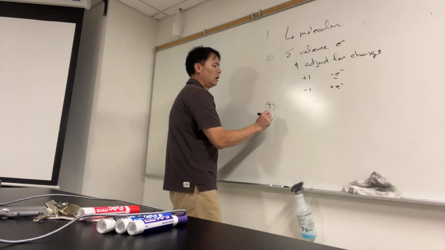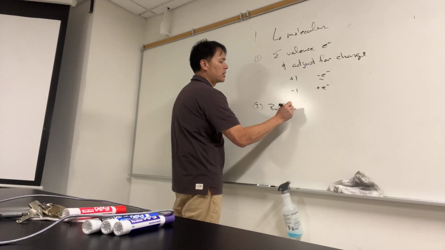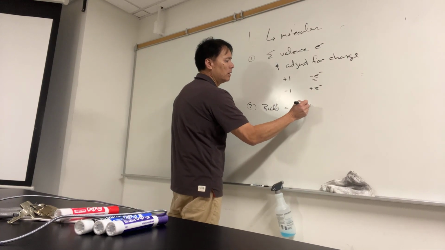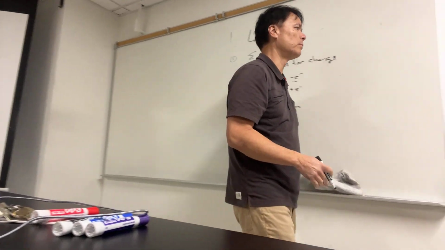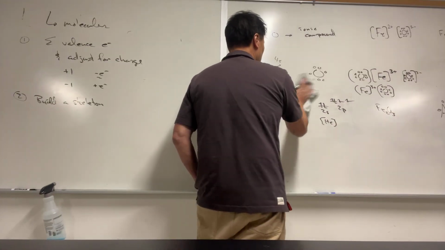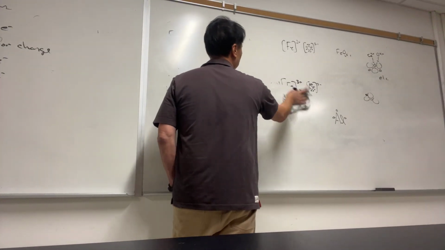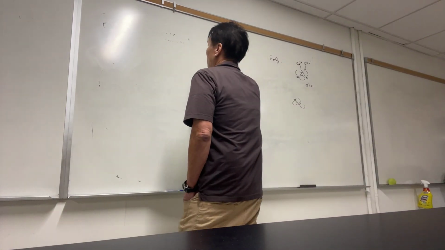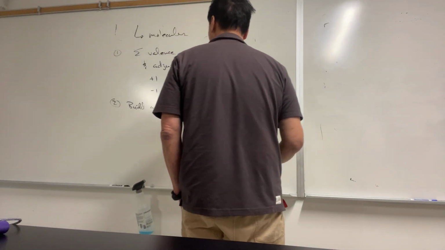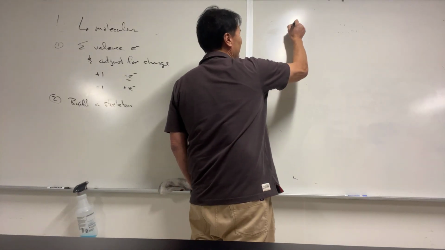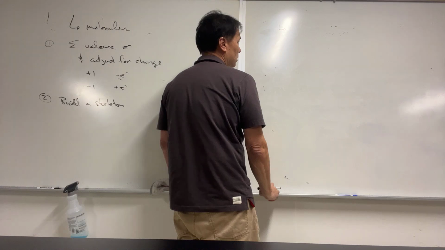Step 2, we build a skeleton structure. A skeleton structure, all that means is that we attach everything together, all the atoms, with a single bond. A single bond would just be a line. When we build the skeleton structure, we want to note a couple of rules that help in determining the structure.